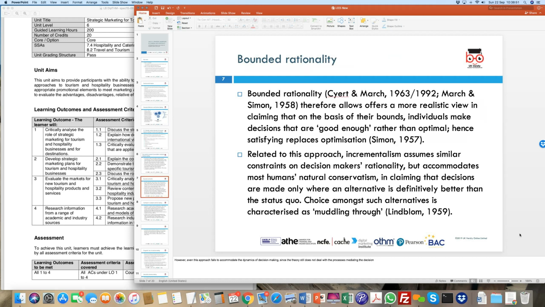The next one that we talk about is bounded rationality. This one focuses on more realistic views in terms of how you would come to a decision, and the realistic view here is that you have to base it on facts.